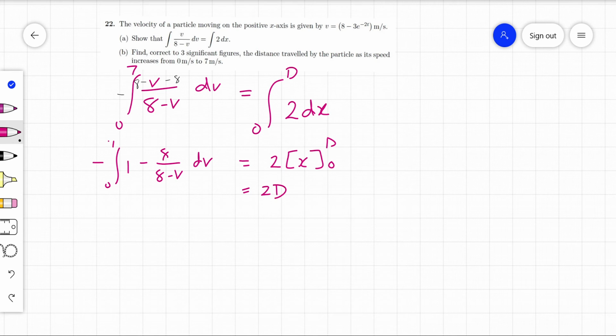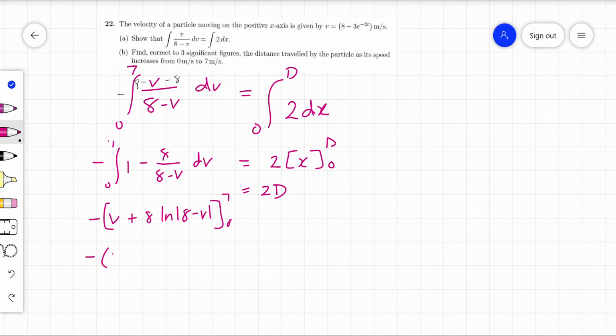If we go back to the left-hand side, when we integrate here, we're going to get a v, and we've got that minus 8 over 8 minus v, so that's a positive 8 ln(8 minus v) between 0 and 7. Sorry, that didn't line up very well.